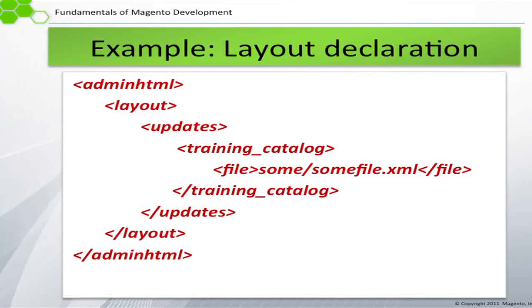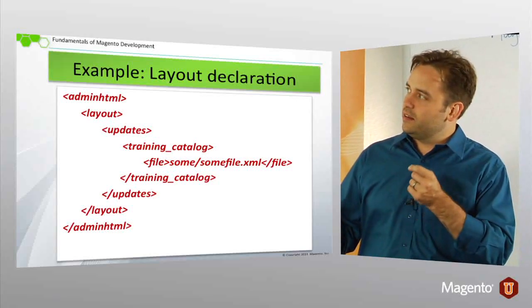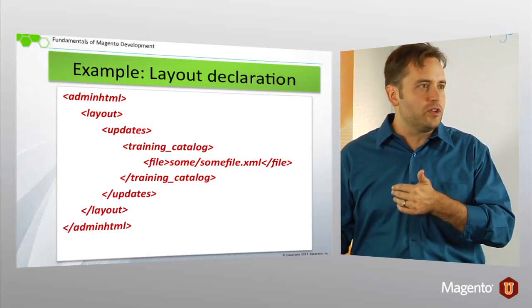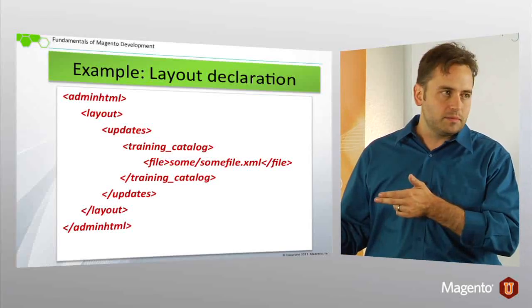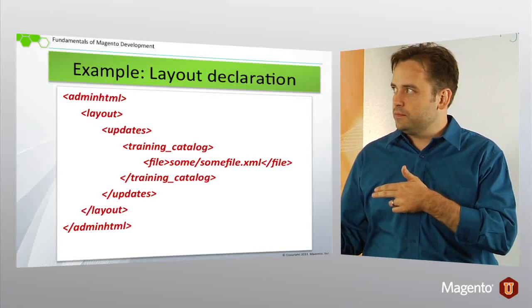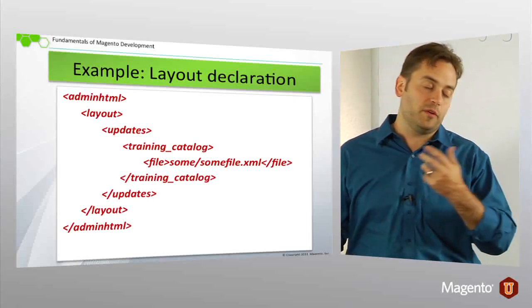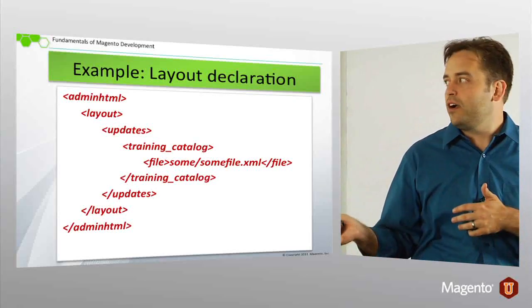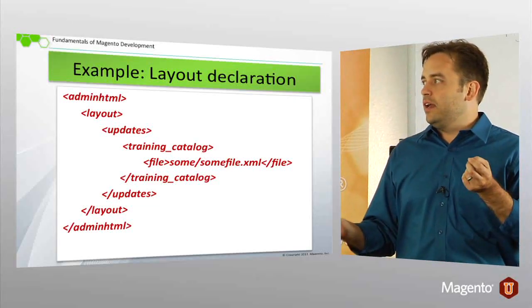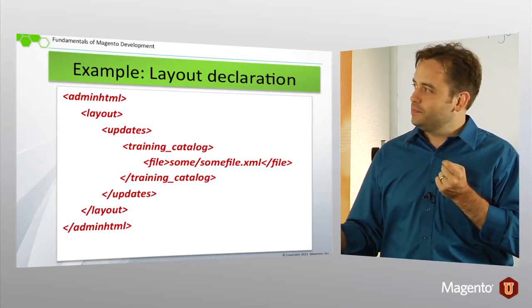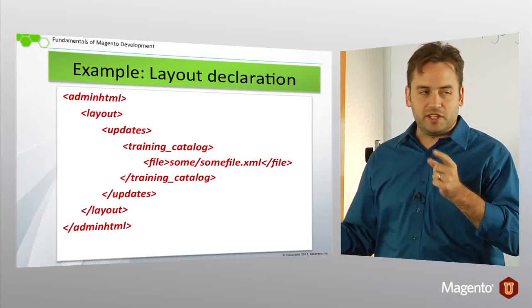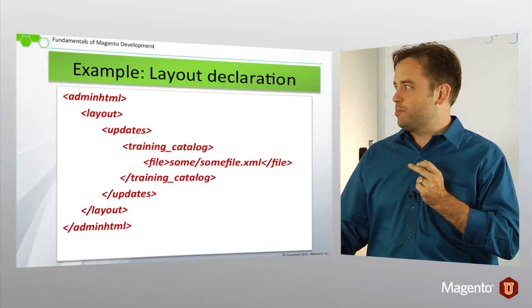Okay, so regarding that layout file, again, we would have config, adminhtml. So this would be in our module. We have config, adminhtml, and then we specify layout, updates. So layout updates is basically the path that we need to go down to specify our file. And in this case, we have another unique node in which we declare a single file node, and we specify a path.